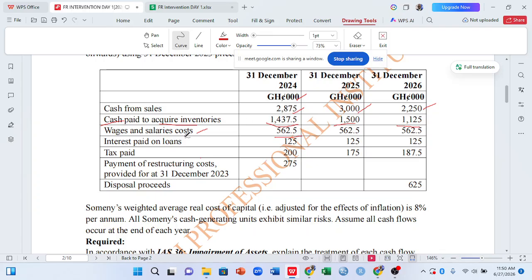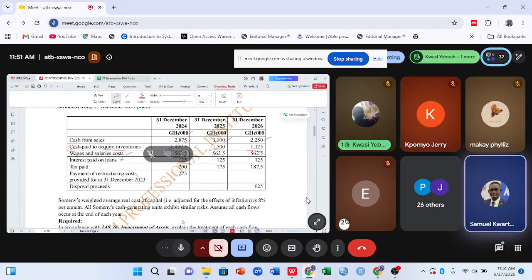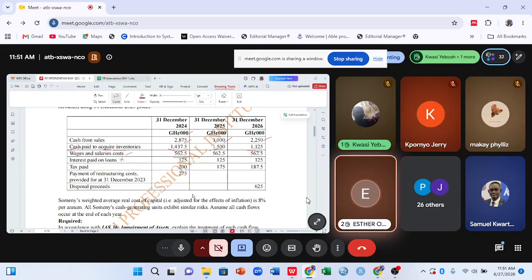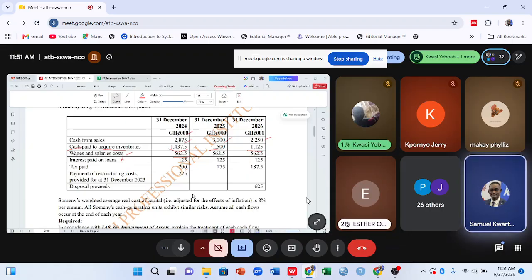So we are not going to bring this. Let's go to the next one. Tax paid. Are you going to bring tax paid? No. Why?